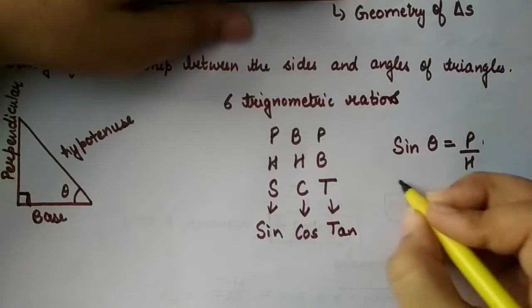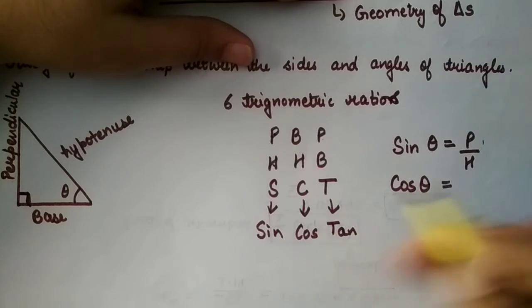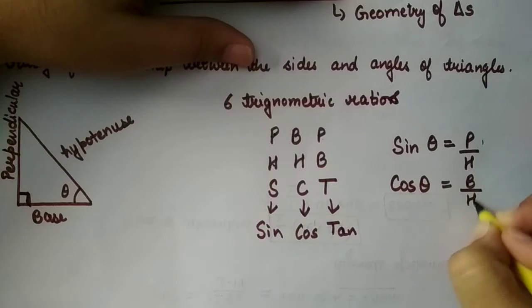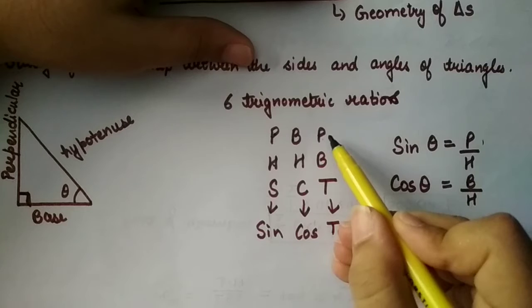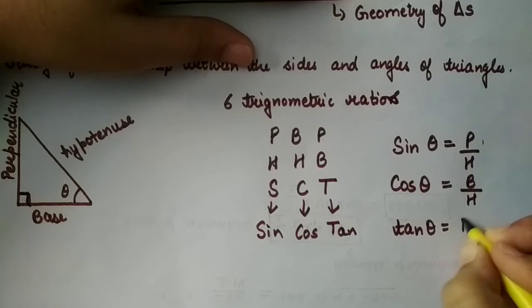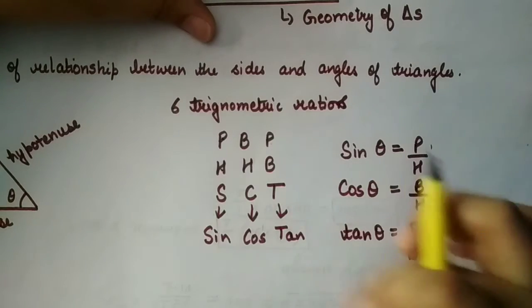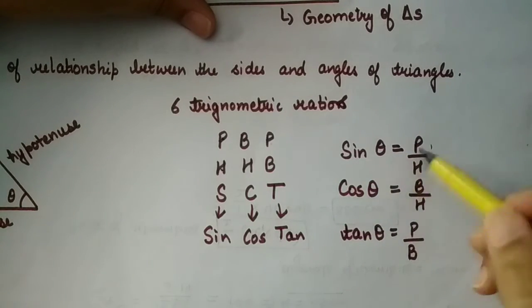Okay, and cos theta is base upon hypotenuse. Tan theta is perpendicular upon base. Okay, so you have to learn these ratios.